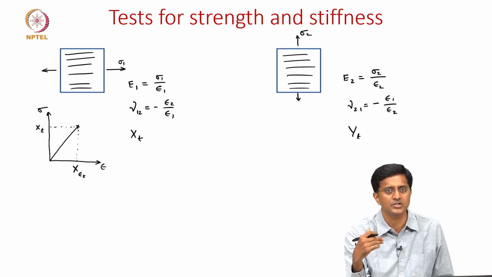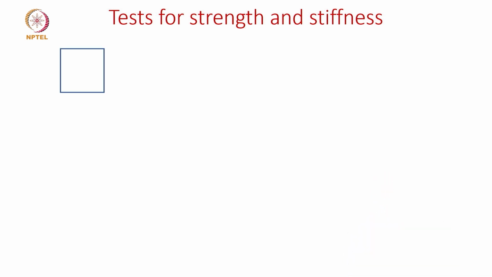There are several things you can find in the literature, but here what we'll show is, we'll have this specimen, but this time we'll have the fibers, let's say at 45 degrees, and then apply uniaxial stress. Now we'll call it sigma x, because now we are looking at a body coordinate system.